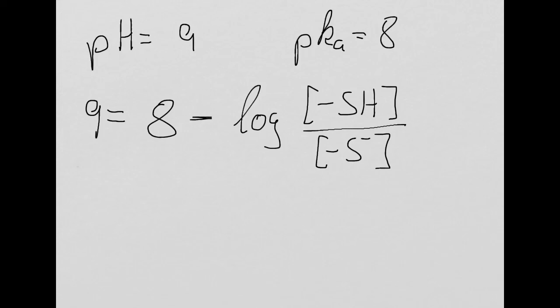What you get is 10 to the minus 1 divided by 1. And now what you do is you just expand this fraction by a factor of 10, so you have 1 on top and 10 down.